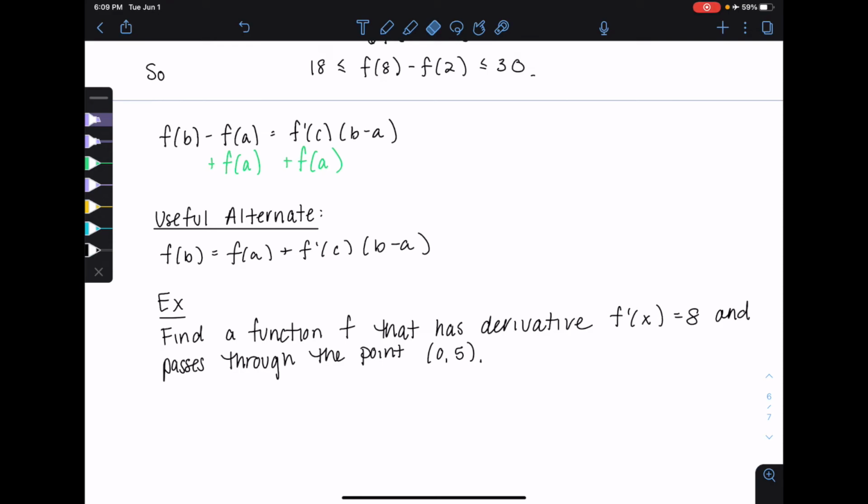So let's apply this useful alternate to answer a particular question. We want to find a function f that has derivative 8 and passes through the point 0, 5. Again, I know the derivative exists for all x. Immediately, I'm guaranteed continuity and differentiability.